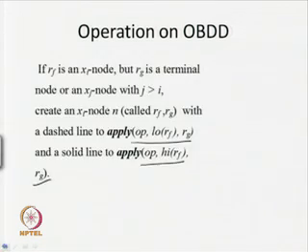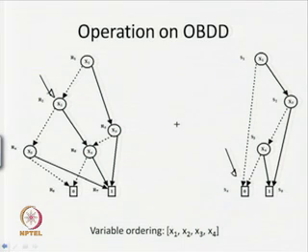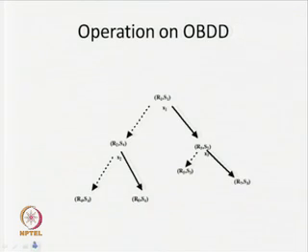Similarly, if we look into the other side, this is my root node and this is my root node. So, we are going to construct S2 R3, and these dashed lines are coming to R5.